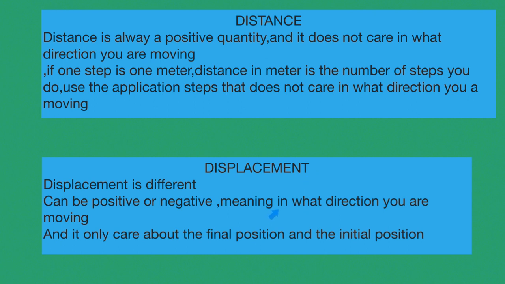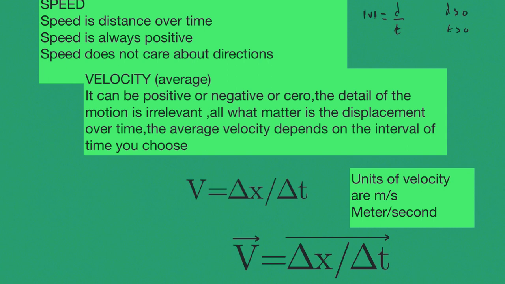The displacement can be positive and negative. The displacement cares about in what direction you are moving. So the velocity is displacement divided by the time. So it's a different concept. When we say velocity and average velocity, we mean the same thing.